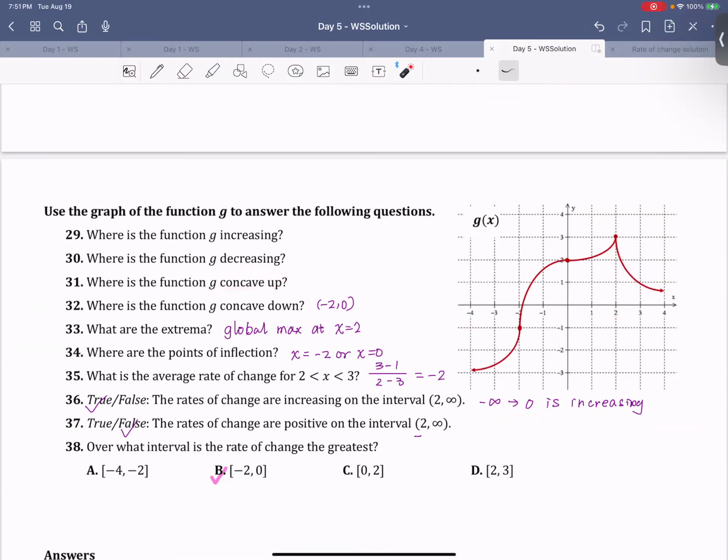Do you see where is concave up? Yeah. So from negative infinity to negative 2, 0 to 2, and yes. Yes, very good. And concave down is here. Okay. You can check this cup, you hold it face up, face down. It's concave down.